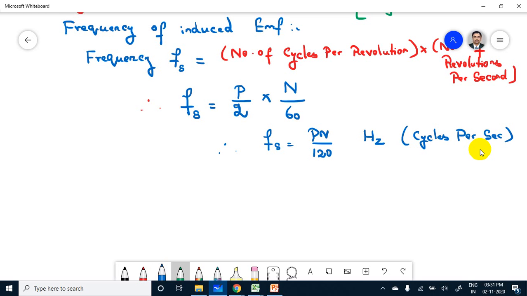Here the n which I am mentioning, we call it the rotor speed, with unit rpm, revolutions per minute. Understand? Okay.